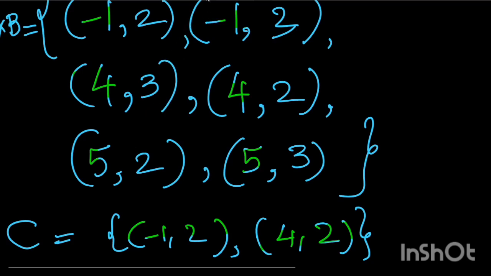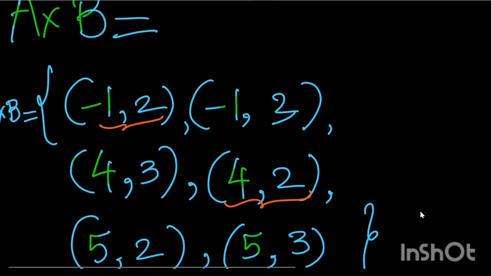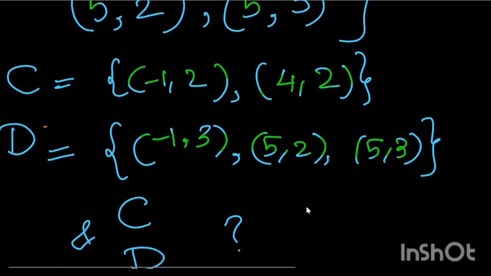As you can see here, (-1, 2) and (4, 2), C is made up from the elements of A cross B. Similarly, D, if you see, D is {(-1, 3), (5, 2), (5, 3)}. So here also D is made up from the elements of A cross B.